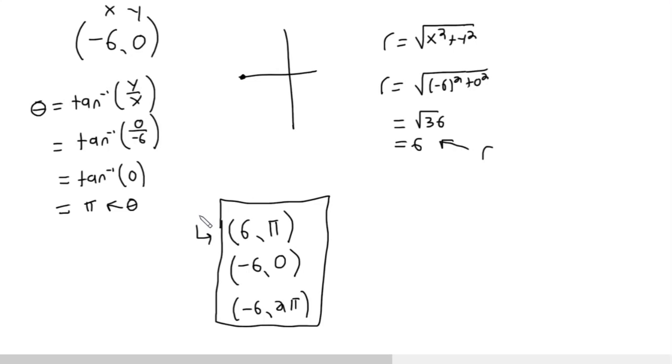So hopefully this helps you a little bit. If you're having some trouble with this, I recommend just going back, looking at those formulas I wrote down, and remember those because those are really your guides in converting from rectangular to polar and vice versa.